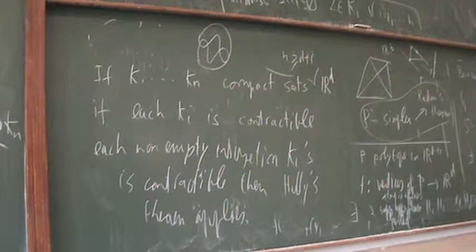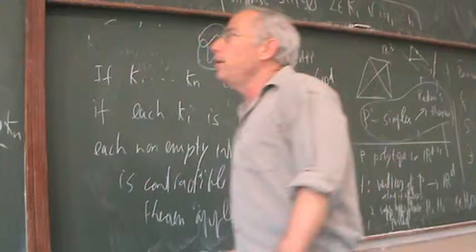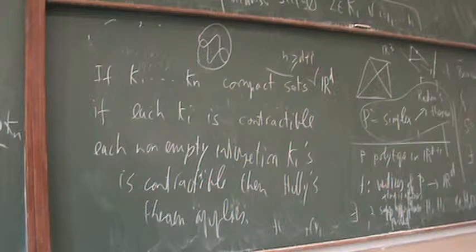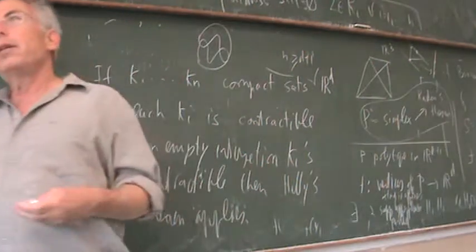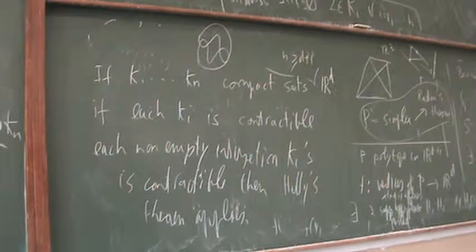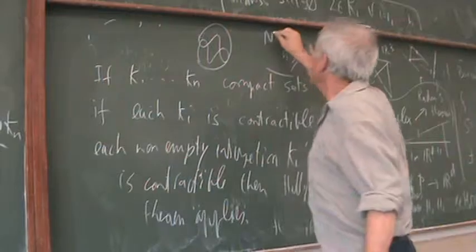And it's quite remarkable that he proved such a theorem in 1930, because this theorem is related to a very important technique in algebraic topology that was introduced several decades later, and it's known under the name of the nerve theorem.